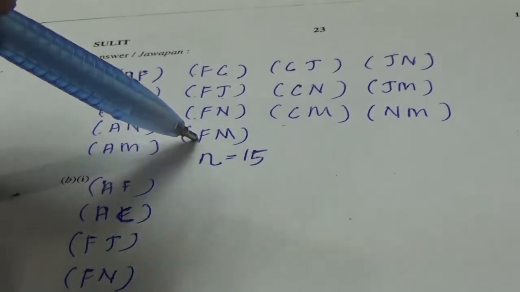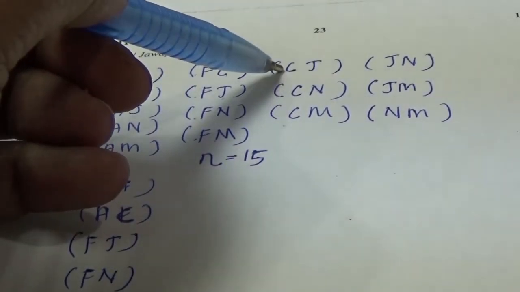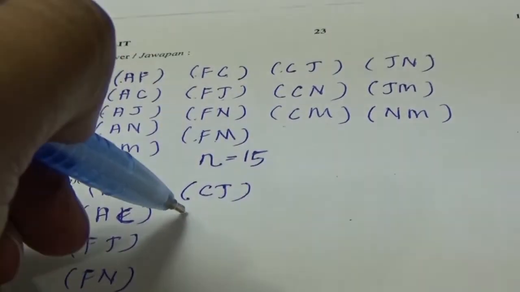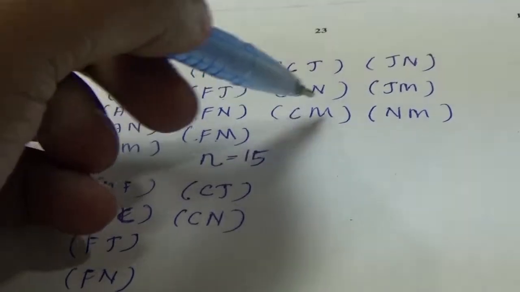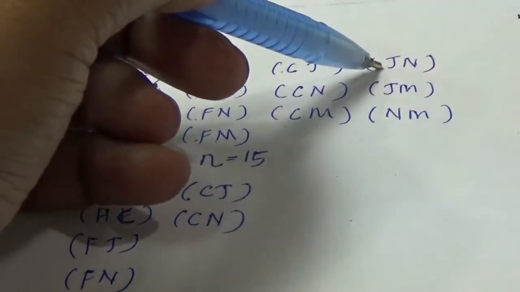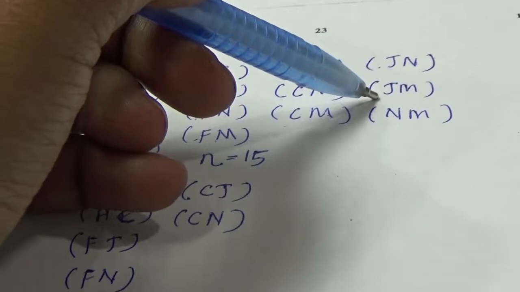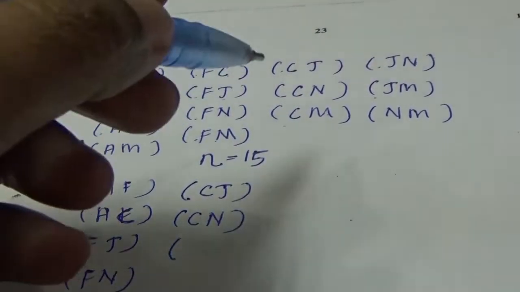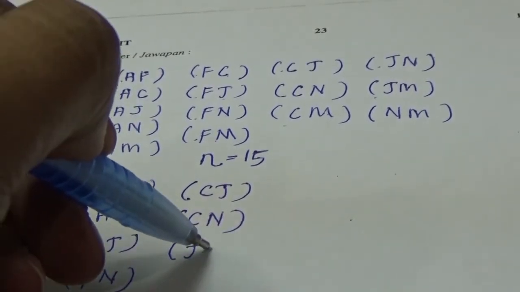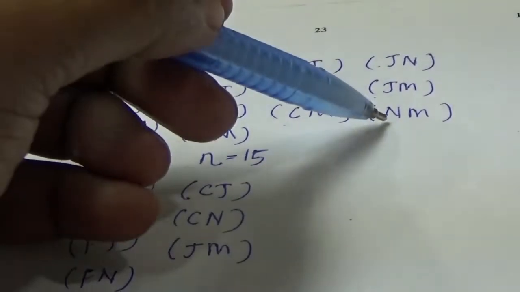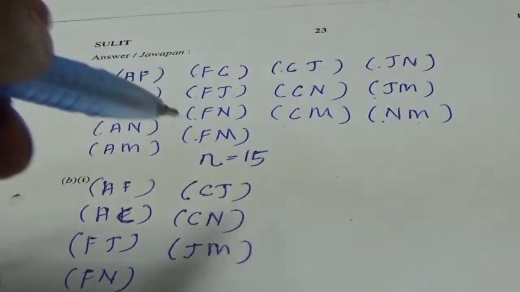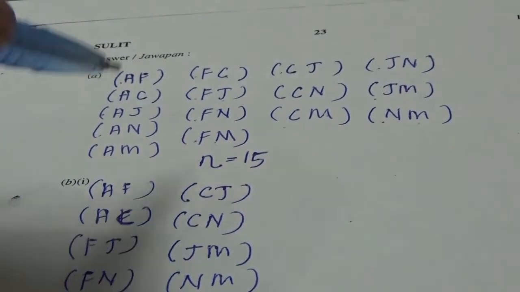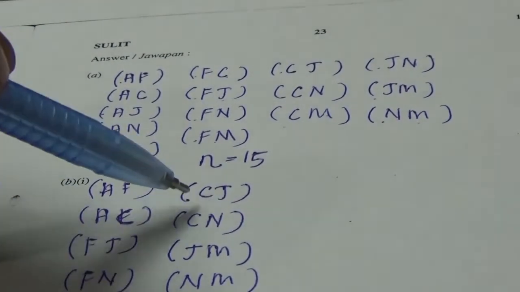Then we have Fatin, Mary, no. Cindy, John, yes. Cindy, Nancy, yes. Cindy, Mary, no. John, Nancy, no. John, Mary, yes. Nancy, Mary, yes. So 1, 2, 3, 4, 5, 6, 7, 8.